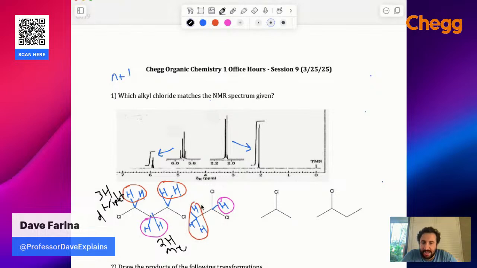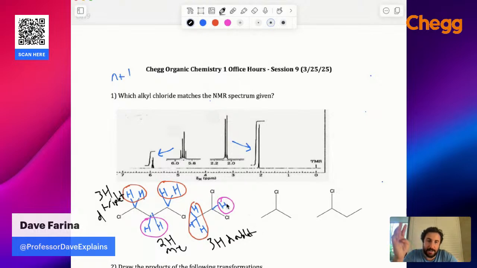These guys will be integrated to 3 because there's 3 of them, and it will create a doublet because they see 1 proton next door. 1 + 1 is 2, doublet. So 3H and doublet. And we'll talk about the chemical shift in a second.